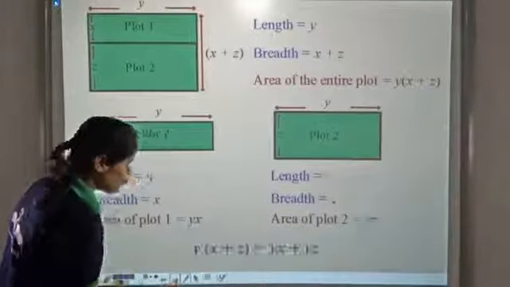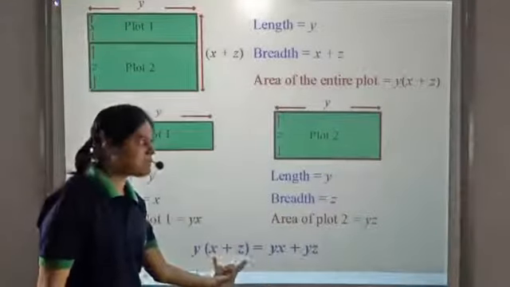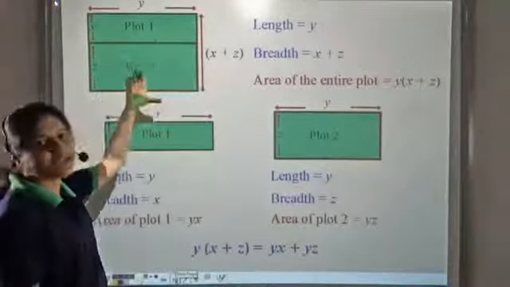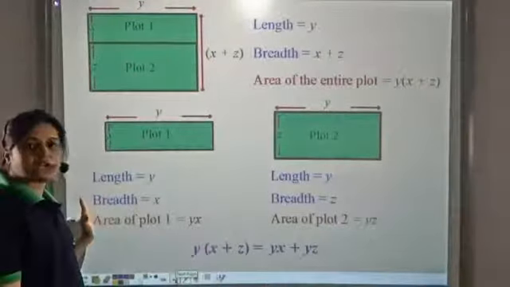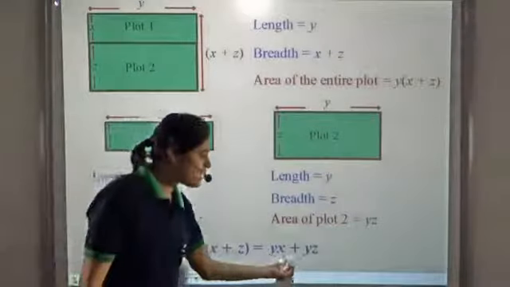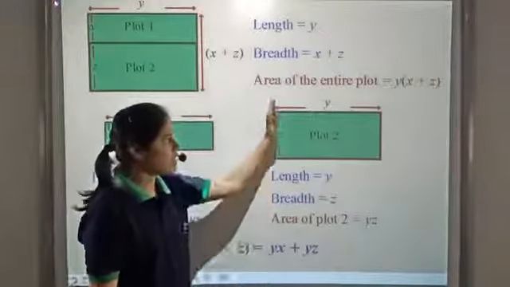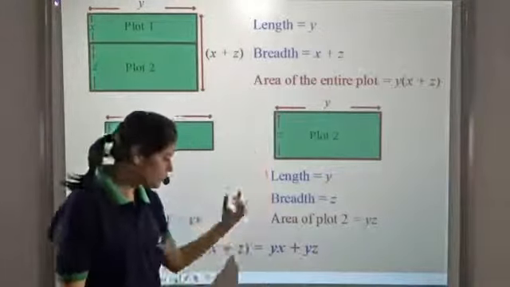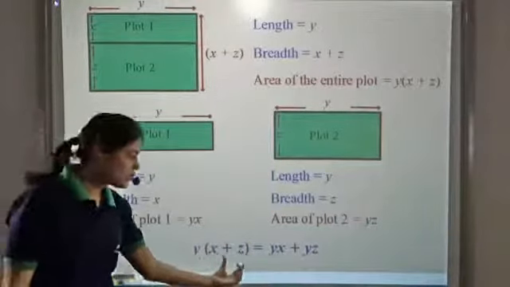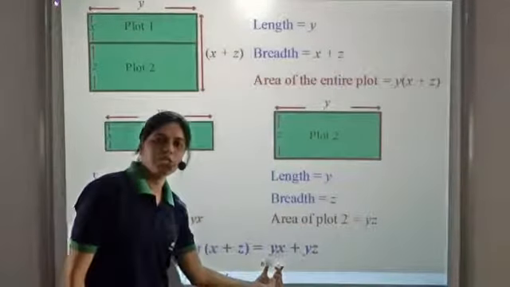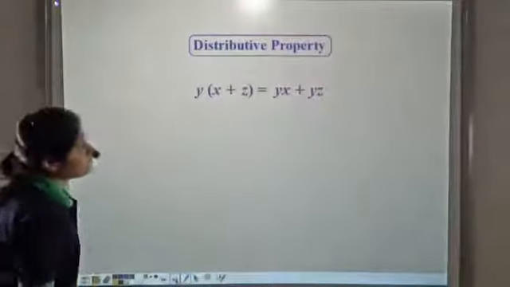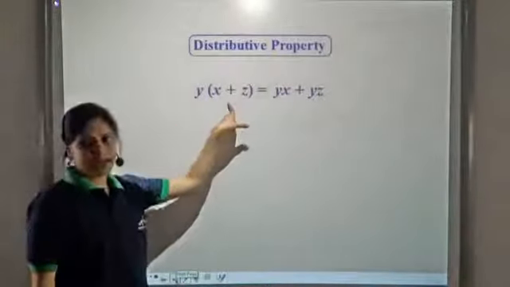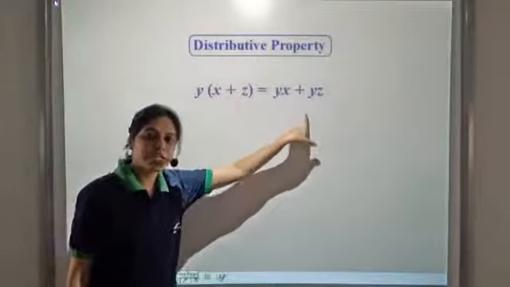So y into x plus z, the area of the entire plot, is equal to yx, the area of plot 1, plus yz, the area of plot 2. So y into x plus z is equal to yx plus yz.